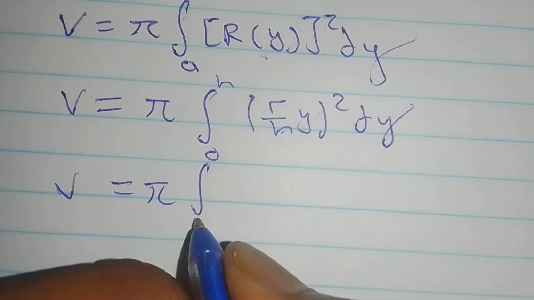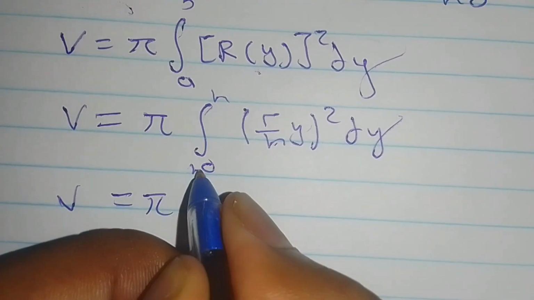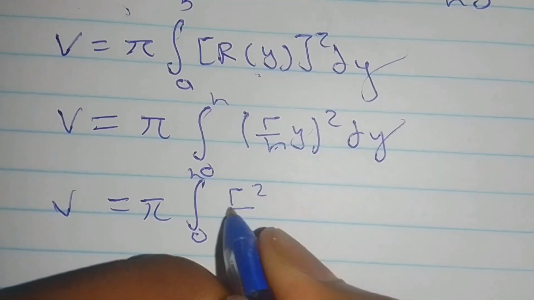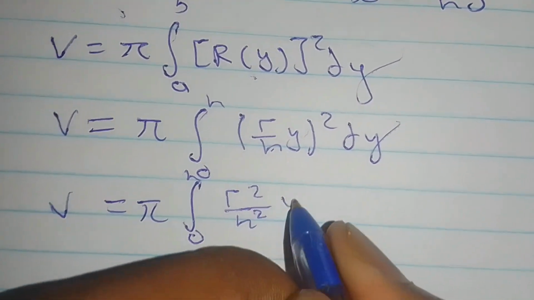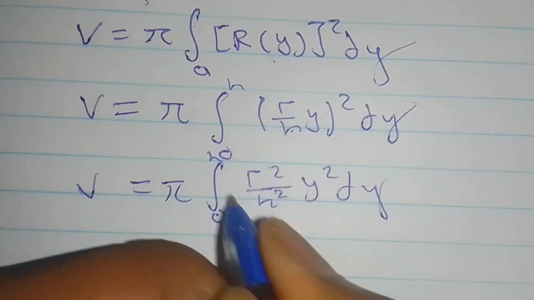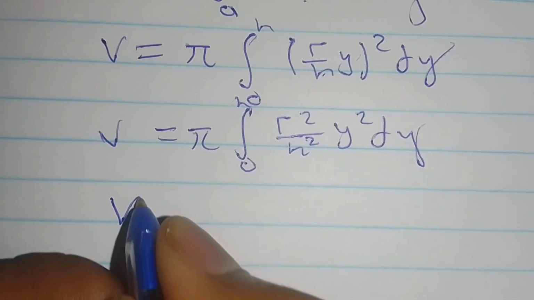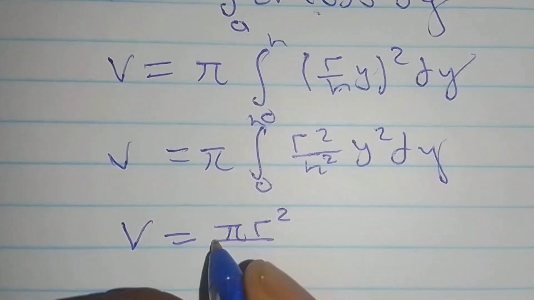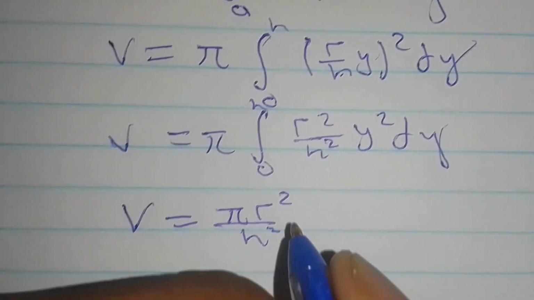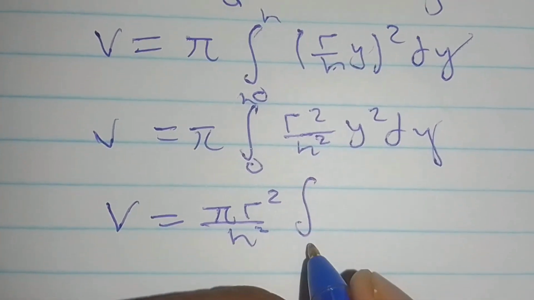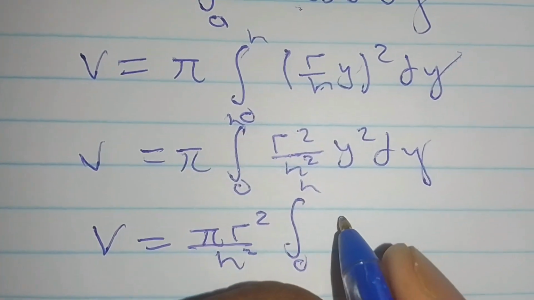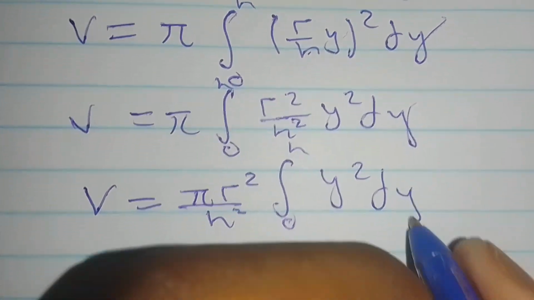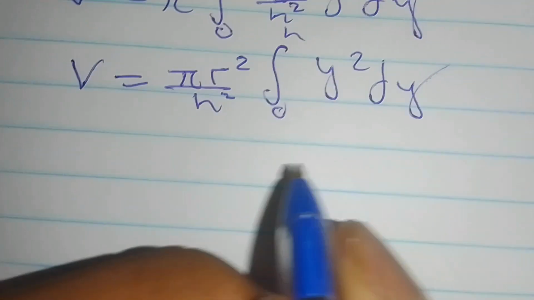We have from 0 to h, then we have r squared over h squared, y squared dy. But notice that r squared over h squared is a constant, so you can take it outside the integral. Then we have pi r squared over h squared, and then we have the integral from 0 to h of y squared dy.